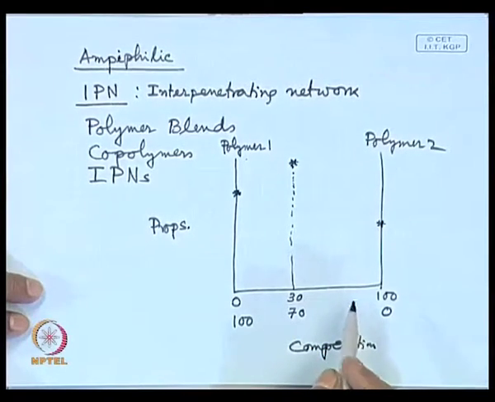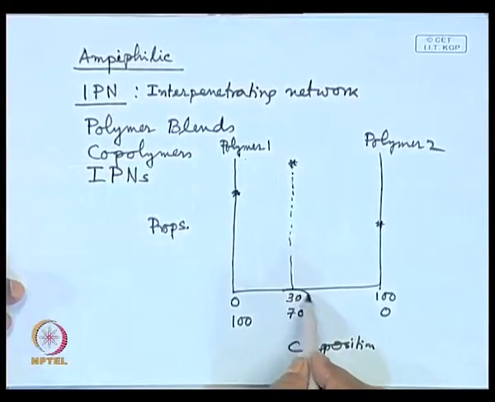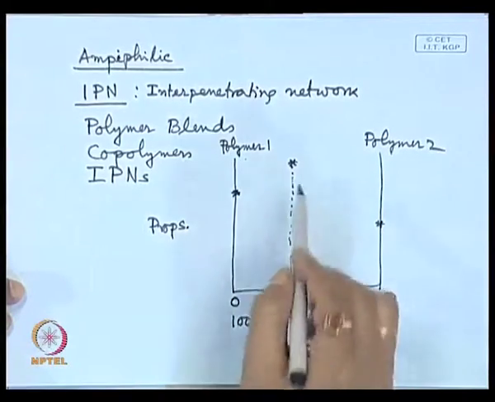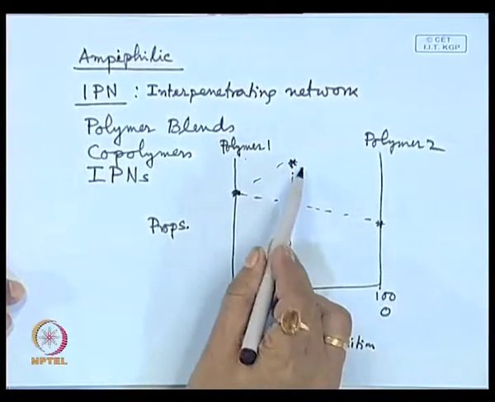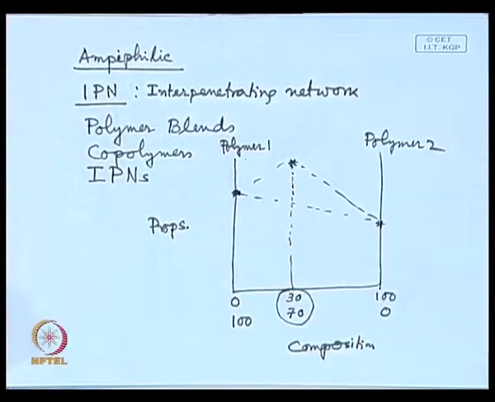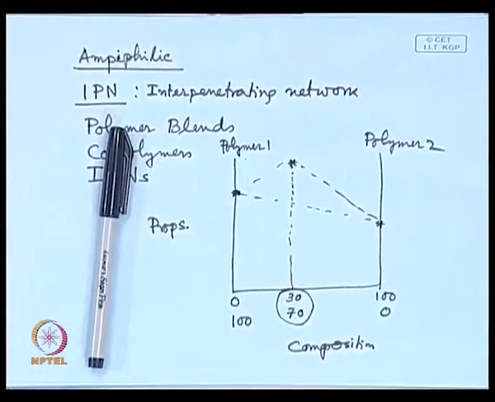If you take a blend of 30 parts polymer 2 and 70 parts polymer 1, we will get a new composition which can give you better property than the individual polymers. So, this is the concept. We make a mix or blend, we blend two polymers.